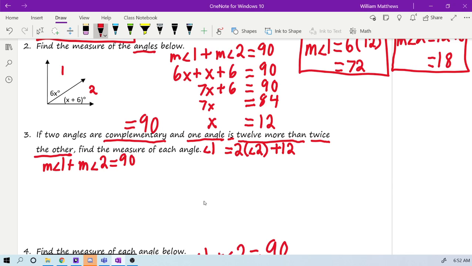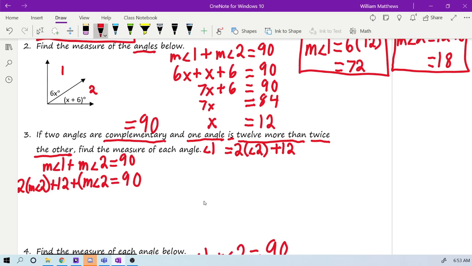Now, based off of our little setup over here, we can actually replace angle 1 with all the information over here. So instead of the measure of angle 1, I can write 2 times the measure of angle 2 plus 12. That is our new measure of angle 1, plus the measure of angle 2, equals 90.